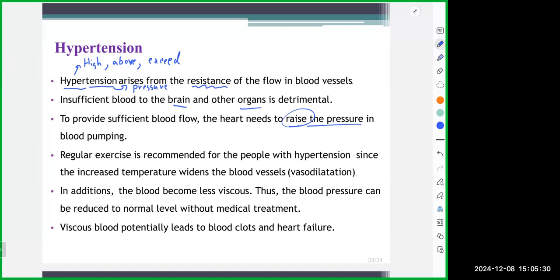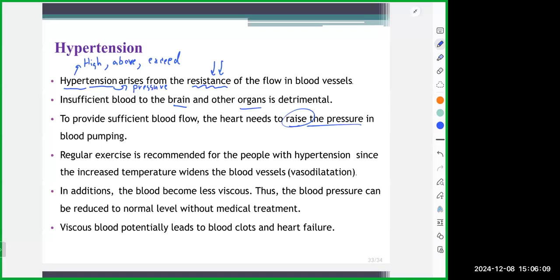Hypertension in a normal condition can happen. For example, when you do regular exercise, it will increase the pressure, but naturally. That is not dangerous. But hypertension from resistance right here is not natural. So we should exercise because it would increase the pressure naturally.